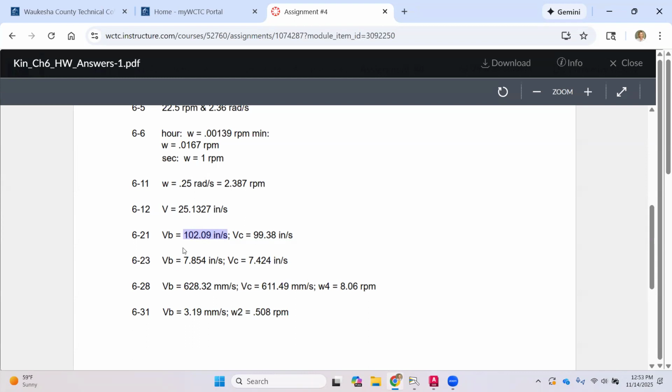And usually when it's a straight line velocity like this, the thing that's usually forgotten is that you didn't convert your rotational speed to radians per second. Okay, that's usually where students forget, and so that's the reason that there is an intermediate answer as you're getting set up. But the final answer is the velocity at C for this problem, which is the blade speed.